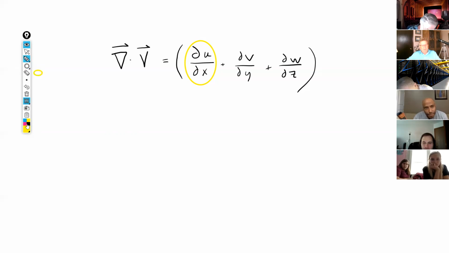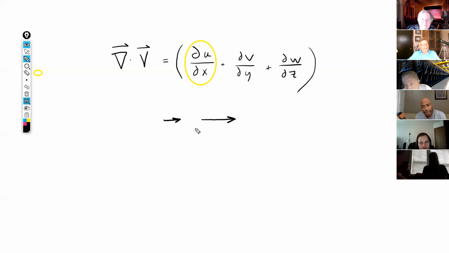So let's draw an example. Let's take a velocity going this way, and then as I move in x, this is faster. Do you agree that the change in u is greater as I move in the x direction, as I go toward the east? That's a positive change. So what's the air doing?